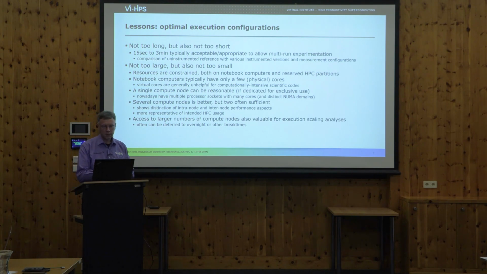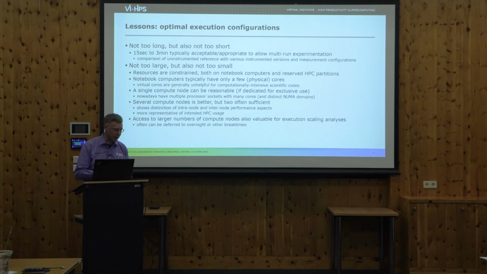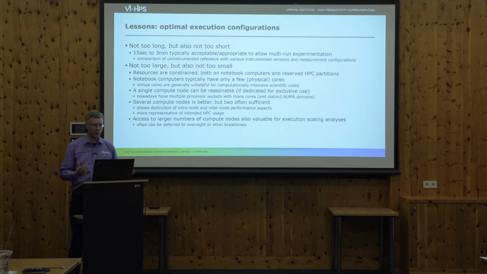We learned that what makes a good example code and a good test code for the real applications is something that's not too long but not too short. If it runs in a few seconds, no one cares about its performance. If it runs for a few days, the performance is important, but we can't do enough iterations of the analysis in a typical workshop.